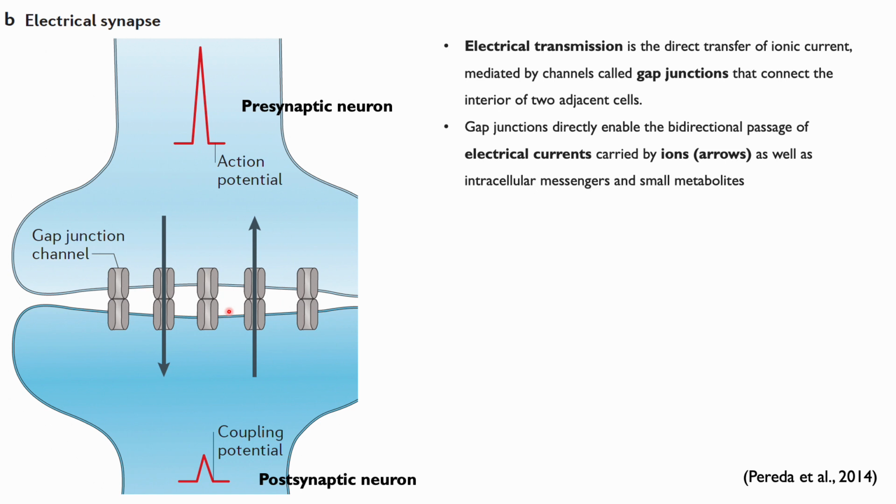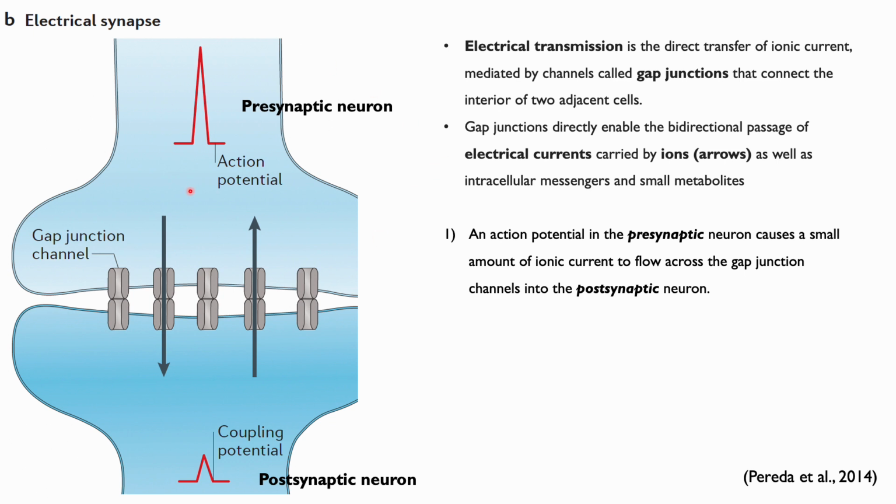This space is extremely small. It's only about 3 nanometers in size, and so this allows the direct current of ions to flow from one cell to the next. First, an action potential in the presynaptic neuron needs to occur to generate a small amount of ionic current.